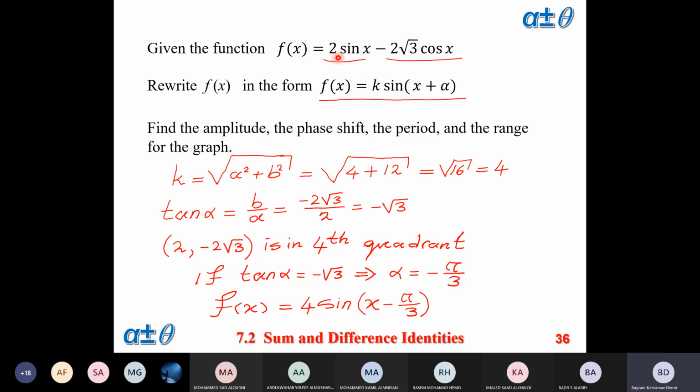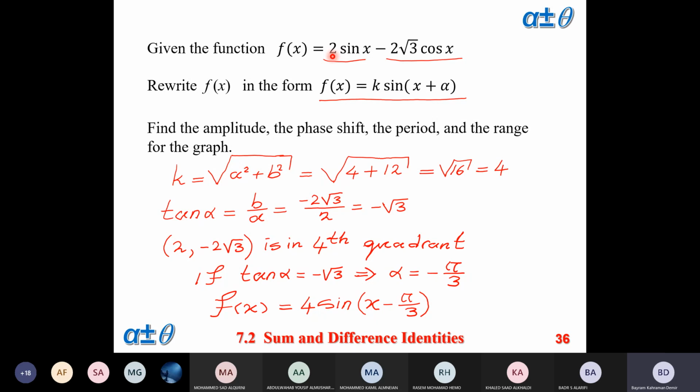You see now we have 2 sine x minus 2 root 3 cosine x. We want to write it as a single function. So let's see what the number k is: the square root of a squared plus b squared. a is 2 here. 2 squared is 4. And b is negative 2 root 3 here. This is b, because the first function is sine and the second function is cosine. Important: a is 2, okay?